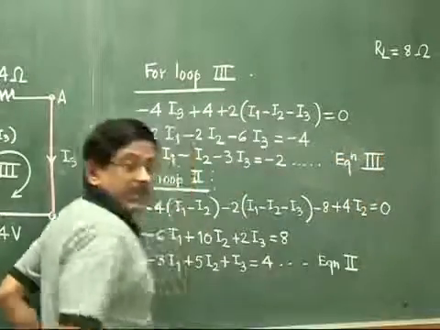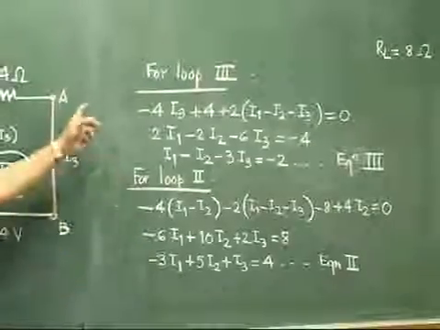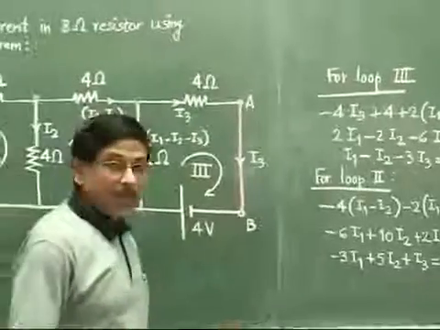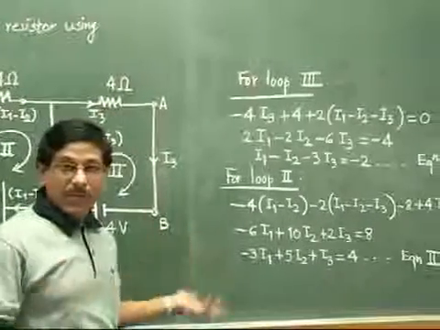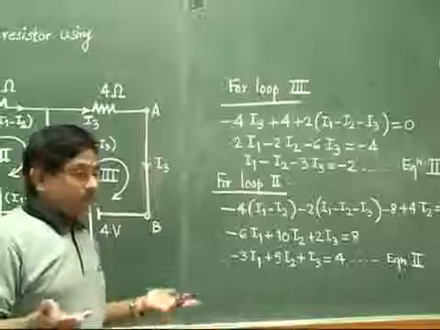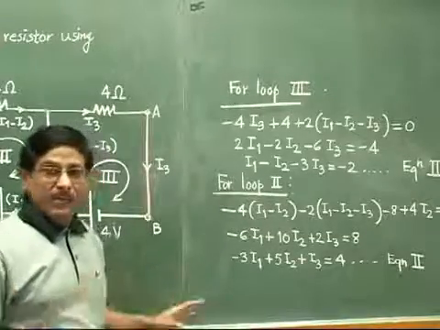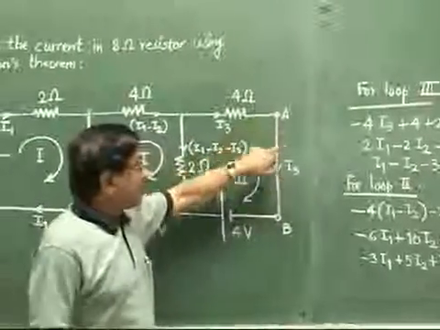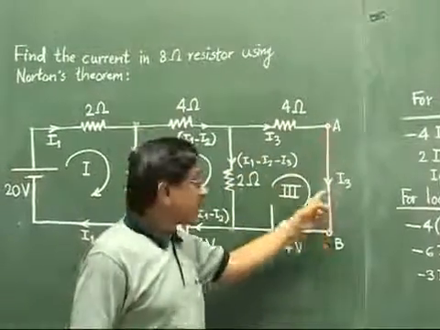So we have got the 3 loop equations, equation 1, equation 2 and equation 3. Our rest job is very simple. We have to solve these 3 equations simultaneously, and now we are not interested in all the values I1, I2, I3. As per our current distribution, we know that the current flowing through the shorted link is just I3.